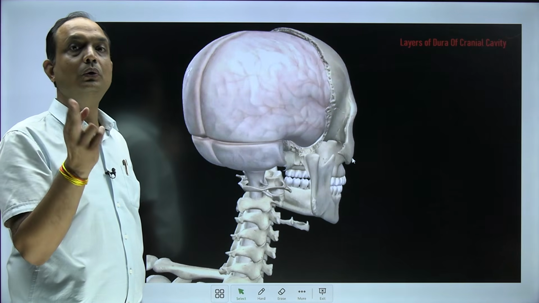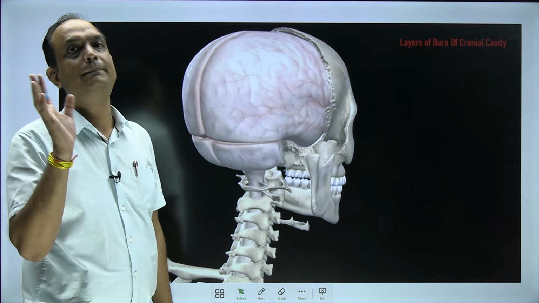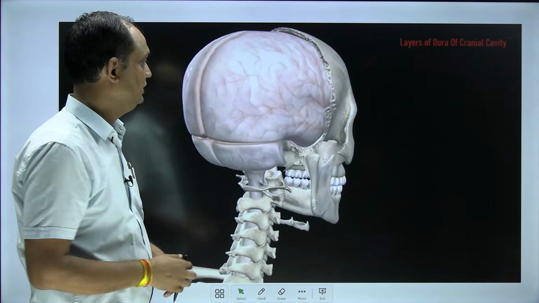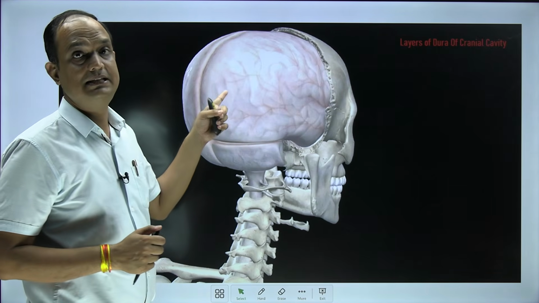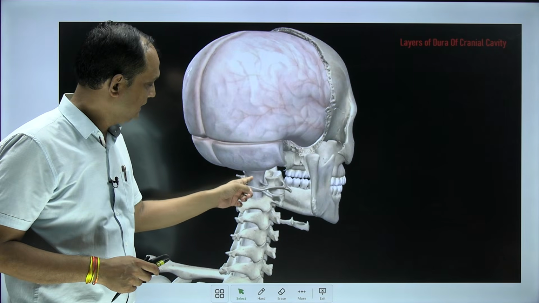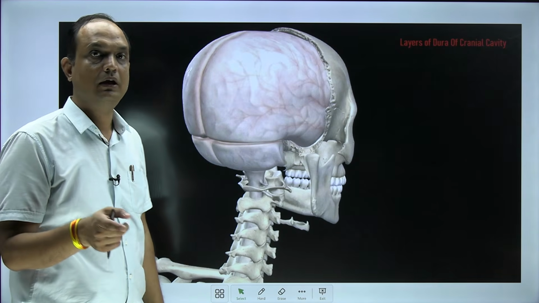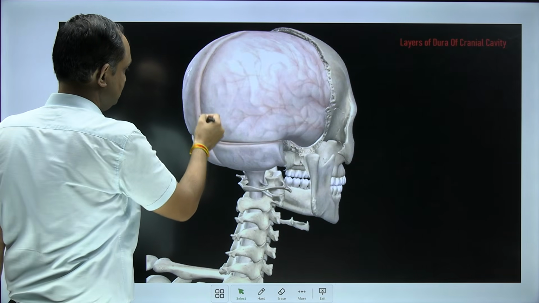So there are two layers of the dura in the cranial cavity. One is the periosteum, which is known as the endosteal layer, and second is this meningeal layer of dura, and this meningeal layer continues in the spinal cord as the dura of the spinal cord.